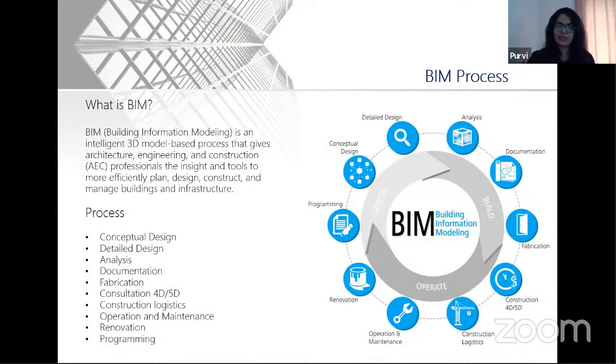Exploring the BIM process: if we are going to say what is BIM, the BIM process is divided into three parts. First is going to be the design part, second is the build, and third is the operation. So building information modeling gives architecture, engineering, and construction professionals, that's the AEC industry, the insight and tools to more efficiently plan, design, construct, and manage buildings and infrastructure.